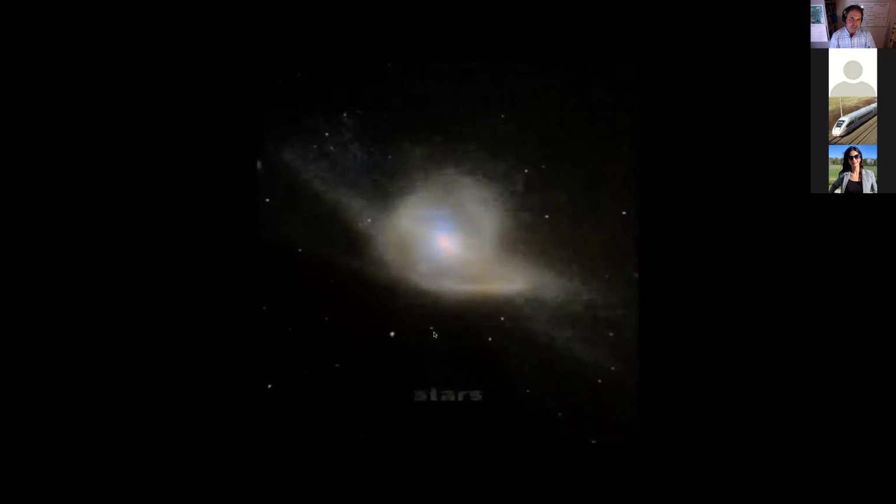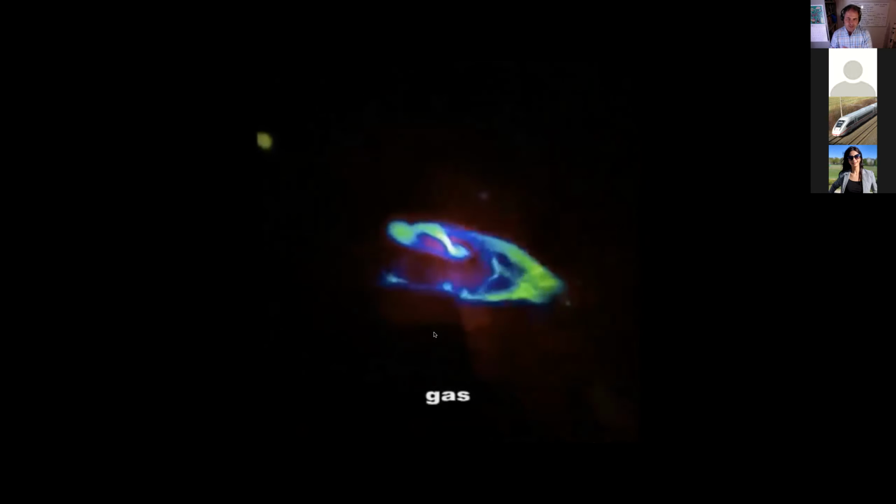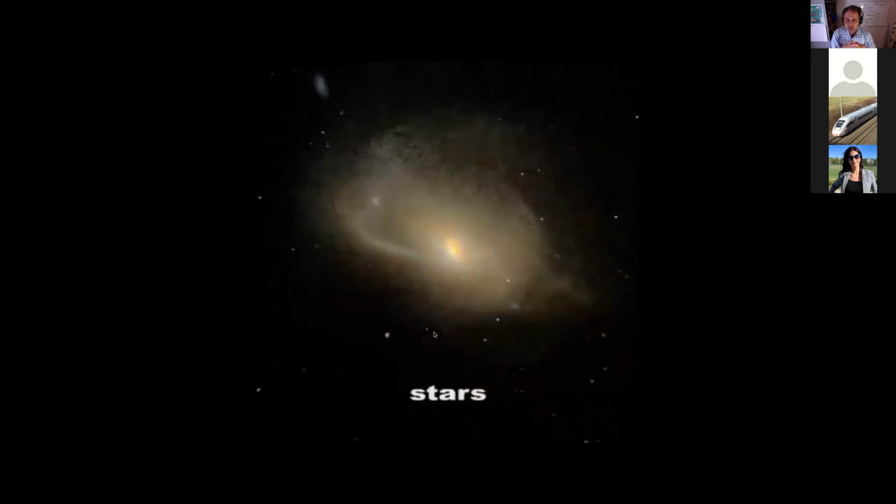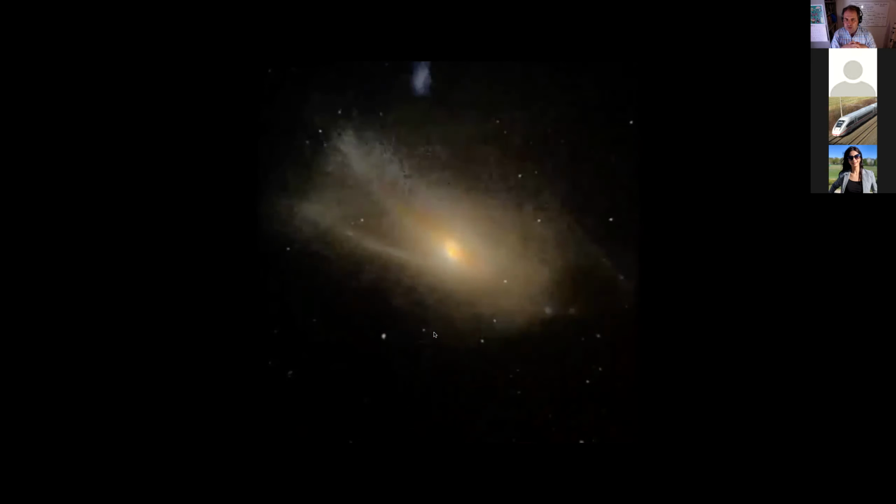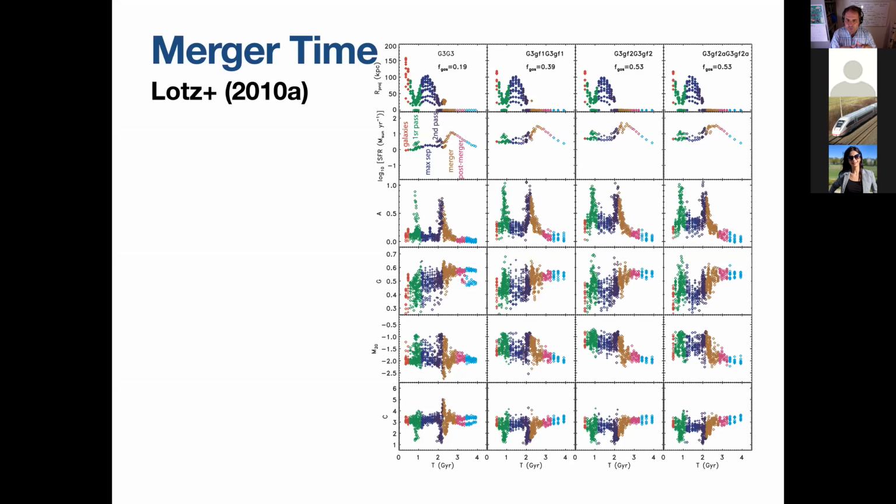Translating the whole thing into a merger rate is another trick, but you can do it. And so it's pretty neat because once you have that, as I look at the merger rates for galaxies, these are the simulations, and then you've got concentration, M20, Gini, asymmetry. It's pretty easy to compute all of those for these.